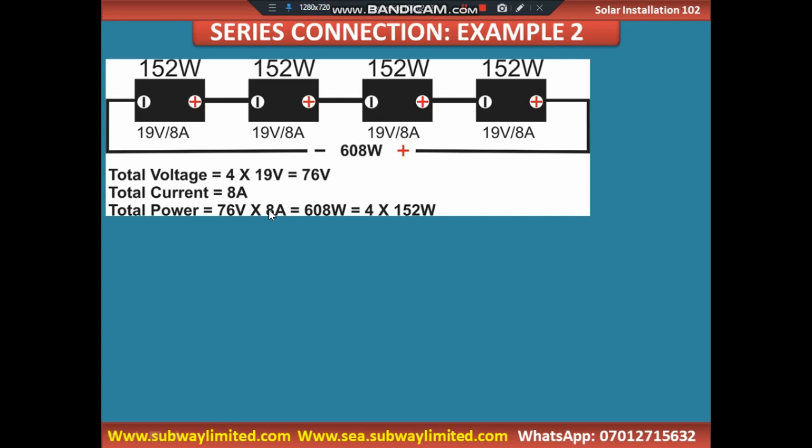What will be the total power that these 4 solar panels will generate if you connect all of them in series? Each is 152 watts. The total voltage in series will give you 76 volts, and the total current remains constant. If you multiply voltage times current, that will give you power.